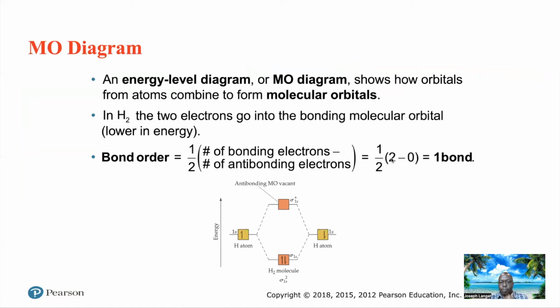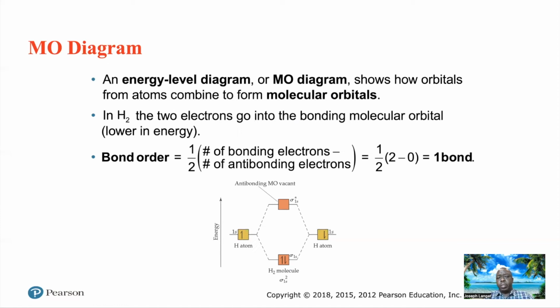For hydrogen gas, 1/2 times the number of bonding electrons: we have 2 bonding electrons minus 0, because there is no electron in the antibonding orbital. So we have a bond order of 1, which we know, since the hydrogen molecule has 1 bond.